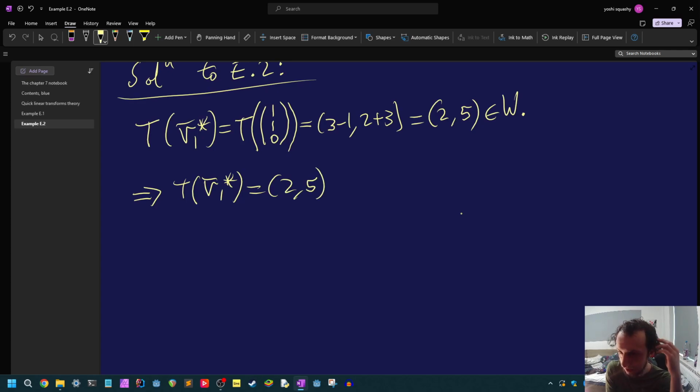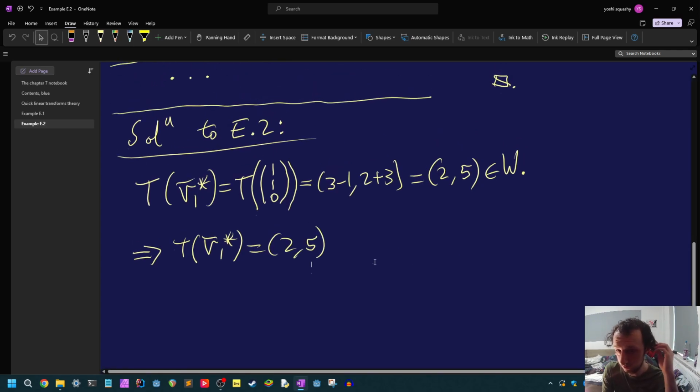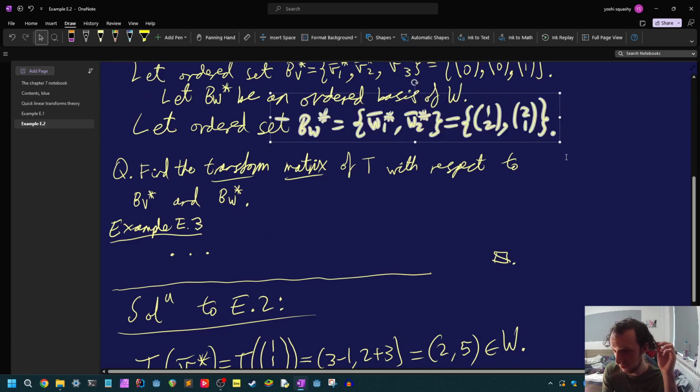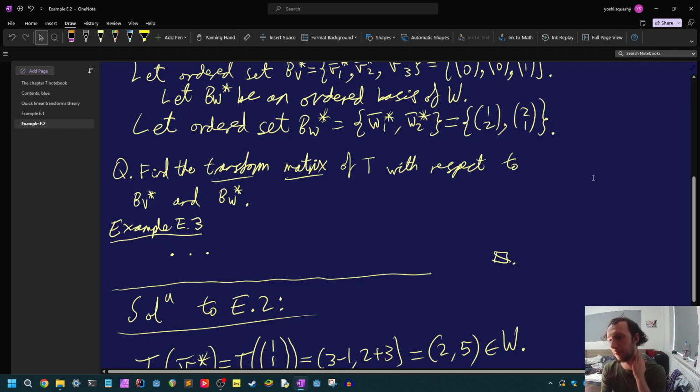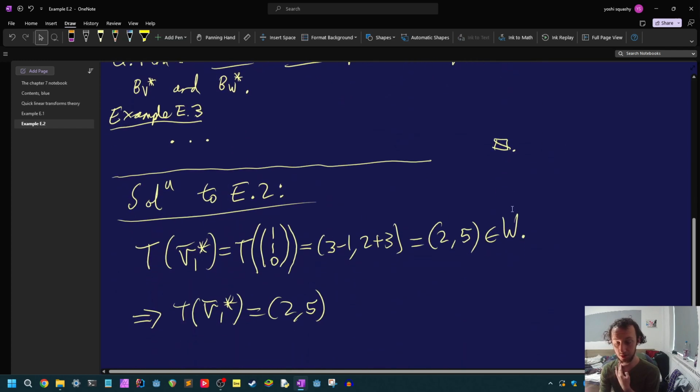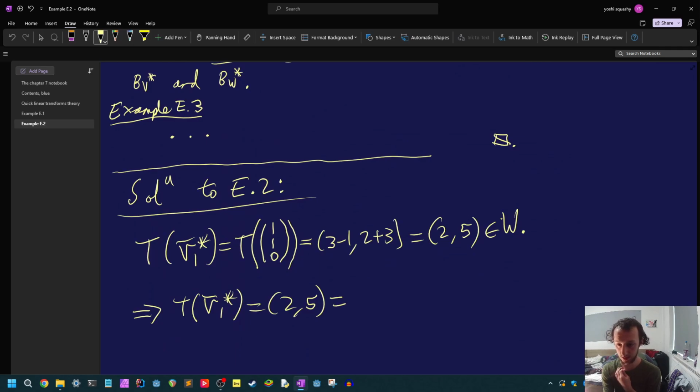It must be a linear combination of the bases, any basis of W. So this basis here, and you can check this as a basis if you want, check it spans W and that it's linearly independent, but we're just going to take that for granted here. Because this is a basis, it means it spans W, therefore we can write this as a linear combination of the bases.